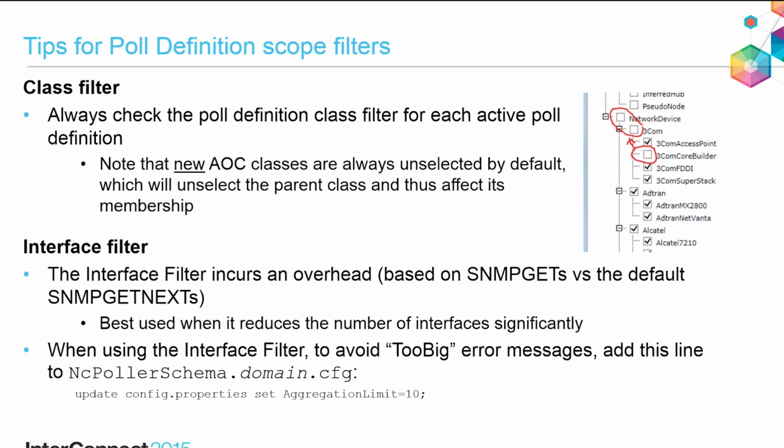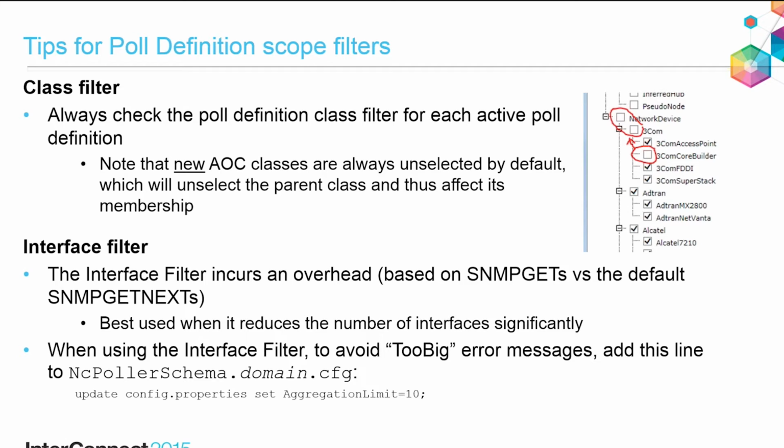So a little bit more on that poll definition filtering. This is more in the line of a gotcha, and one day soon, I hope we'll actually fix it. So here we've got the poll definition class filter, and in the GUI on the right-hand side here, maybe you can see what I've done is I've unchecked one of the 3COM leaf nodes, if you like.